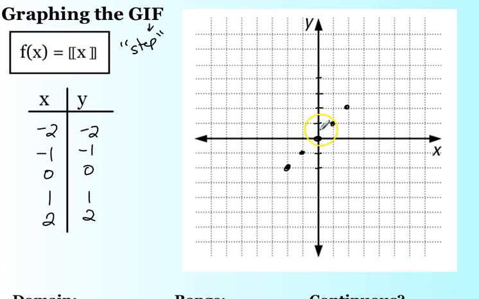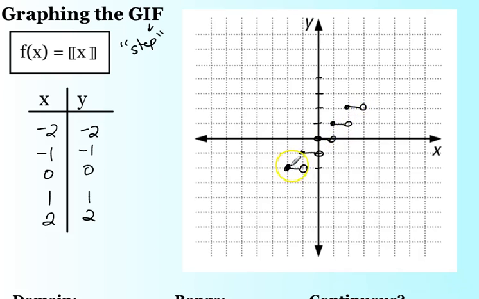So like 0.5 and 0.4 or 0.8 or whatever's in between here, you're never going to have any outputs along that range. So it's called a step function because to graph this, you would literally create a step with an open circle underneath your next x value, your next ordered pair, and then you would continue that pattern going up because your output is always going to be an integer.